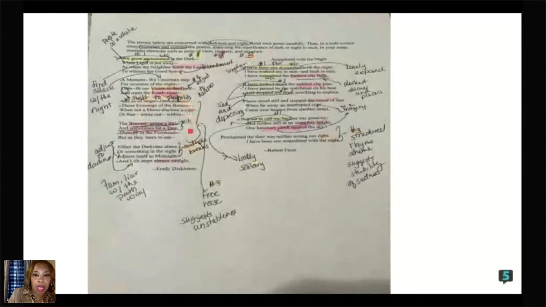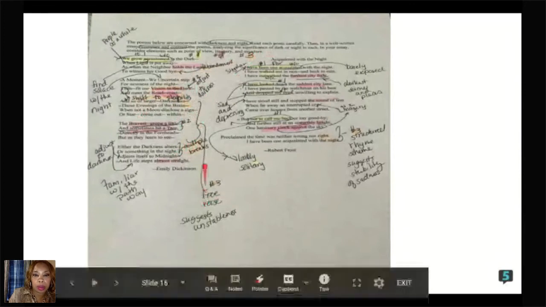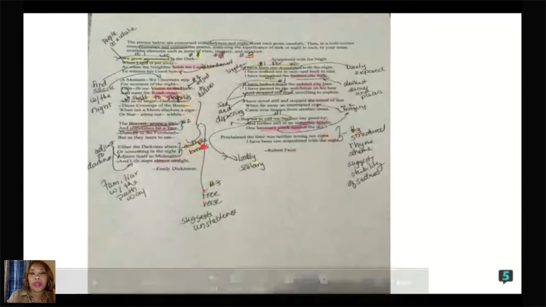But I annotate more that I see multiple breaks in this poem. And because it's not uniform, then I know that it is a free verse poem. So what do you think about free verse poems? When you read a free verse and you think about the denotation, the definition, what else do you associate with the free verse poem? Anyone?